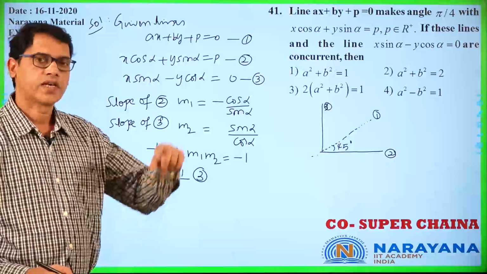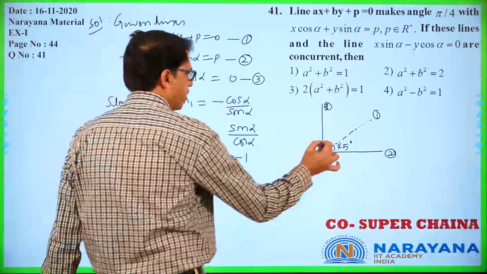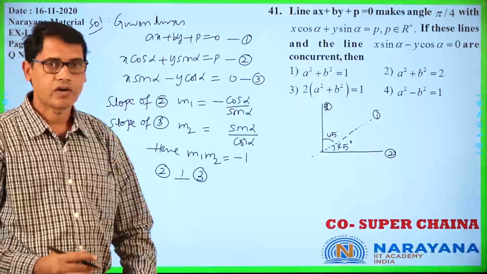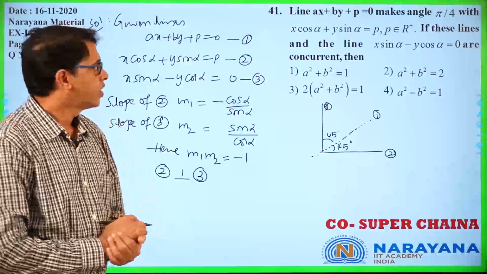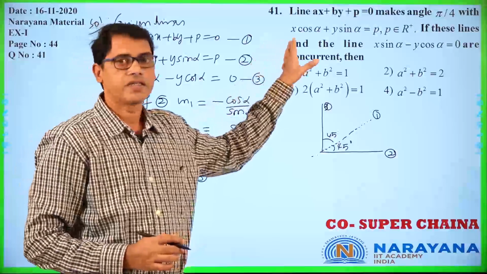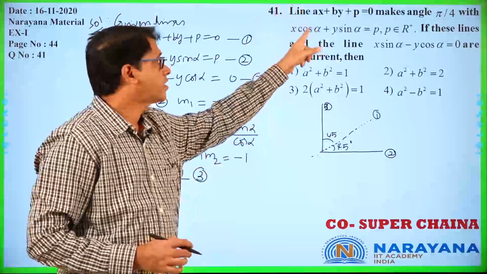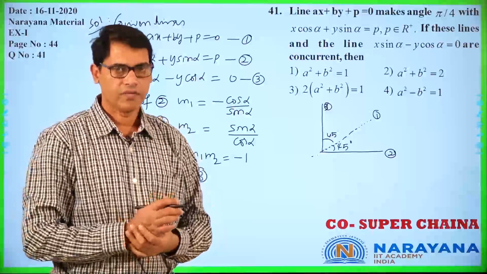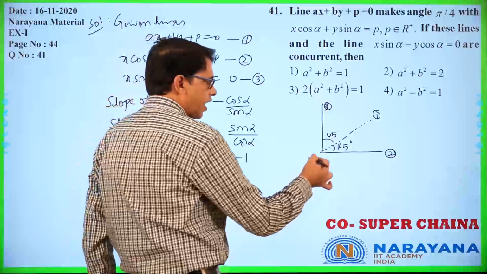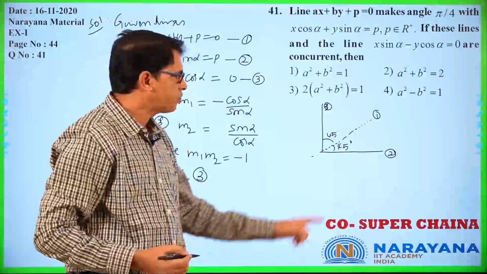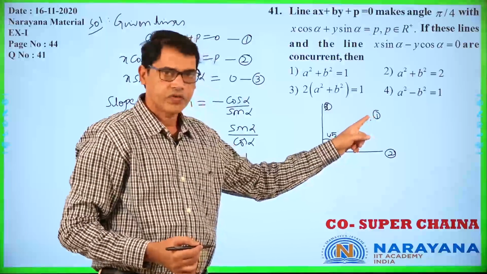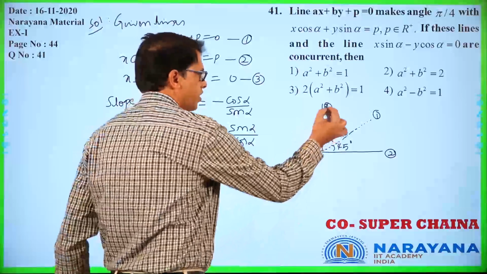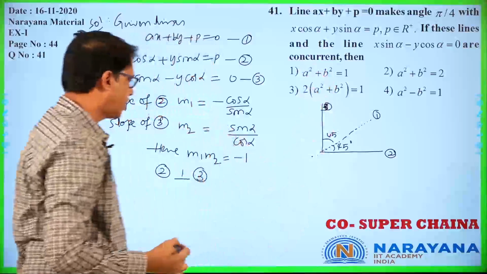Obviously, the second angle will also be 45 because they are perpendicular to each other. So what does it say? It says that ax plus by plus p is an angular bisector. Am I right? It is dividing the angle into two equal parts. So therefore, equation 1 is the angular bisector of 2 and 3.